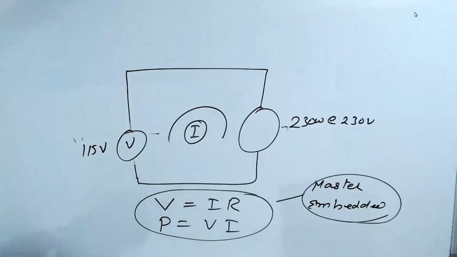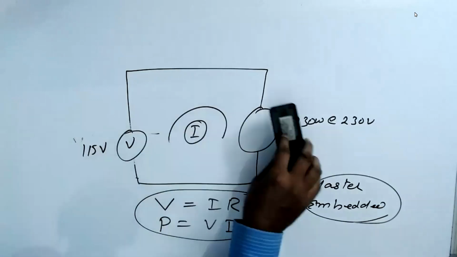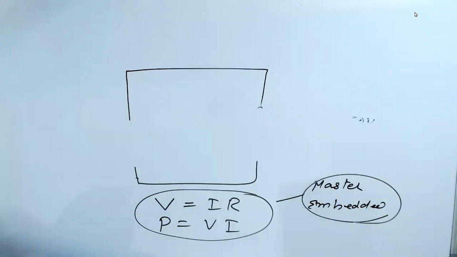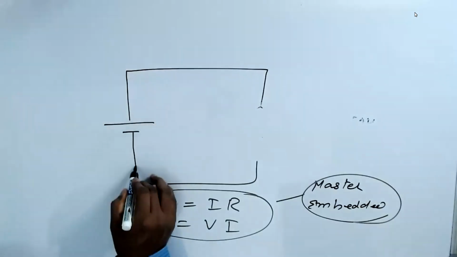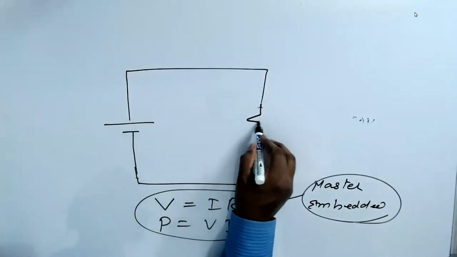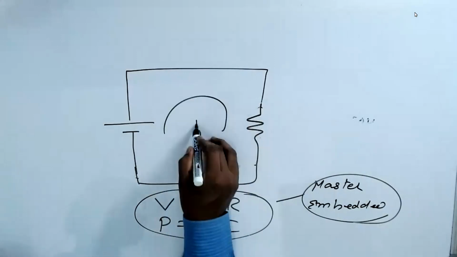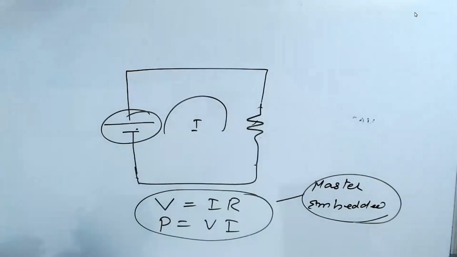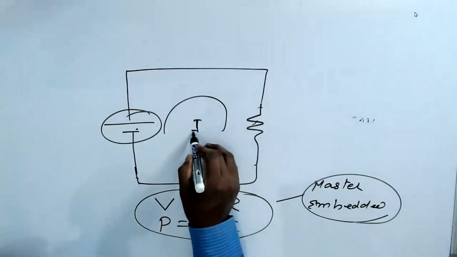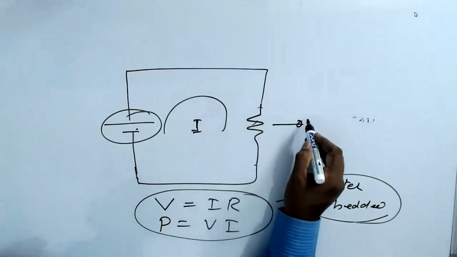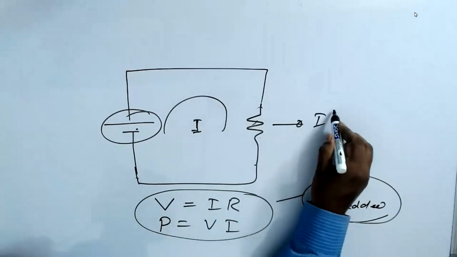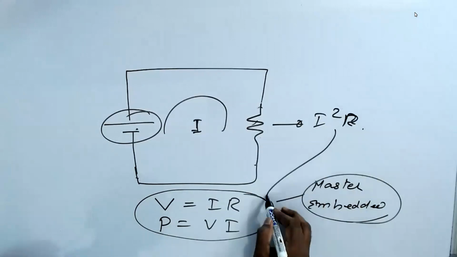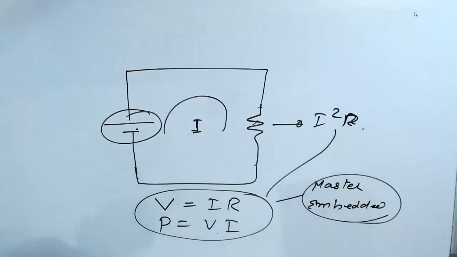Please understand there are only three things you need to understand: voltage, resistance, and current. The voltage is responsible for producing the current, but the current is the one giving you the power, I square R. That is most important. Actually, I square R is the one which gets converted to P is equal to VA.